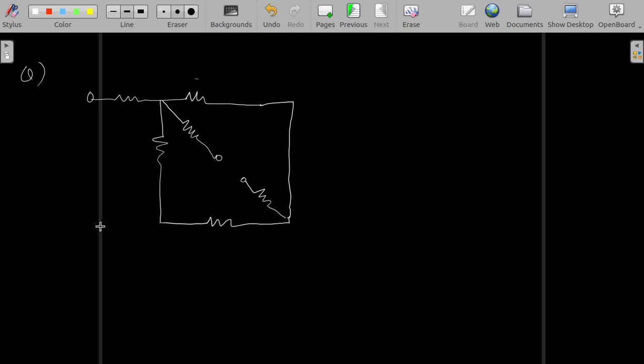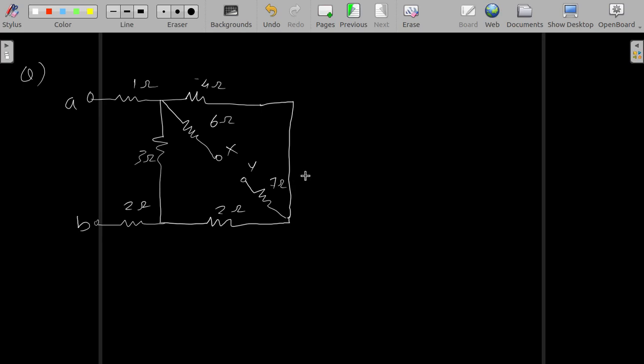So, I am naming this terminal as A, this one as B, this one will be X and this one will be Y. So, this is a 1 ohm, 4 ohm, 3 ohm, 2 ohm, 2 ohm, 6 ohm and 7 ohm.